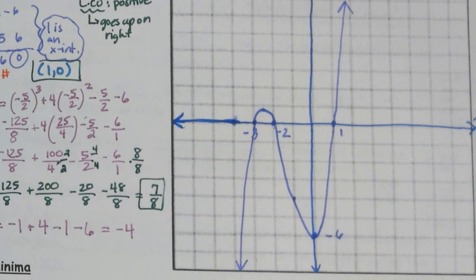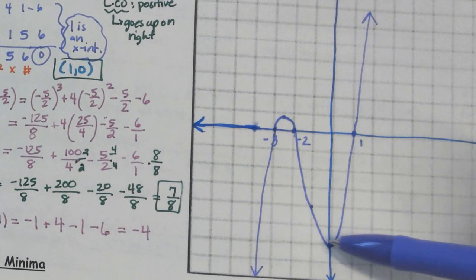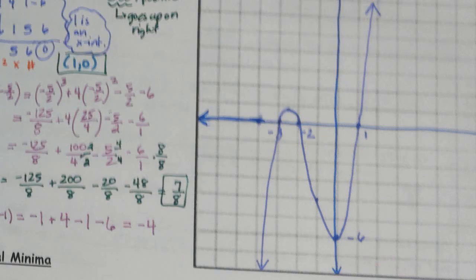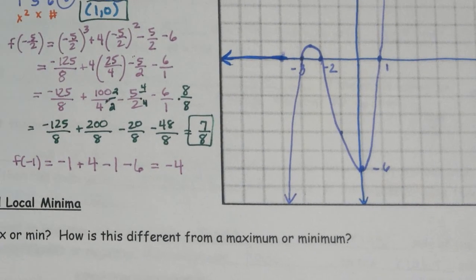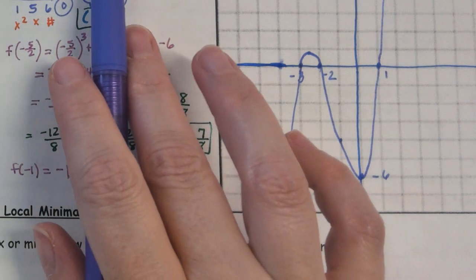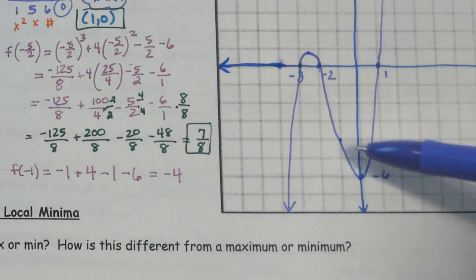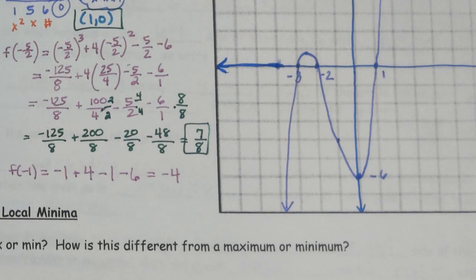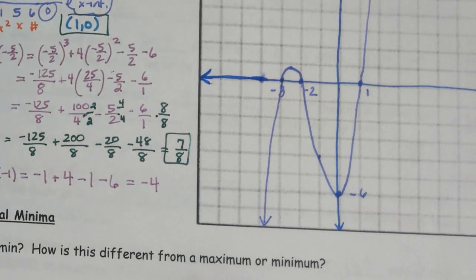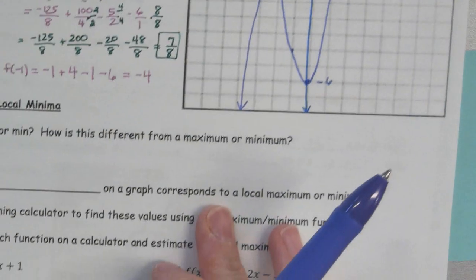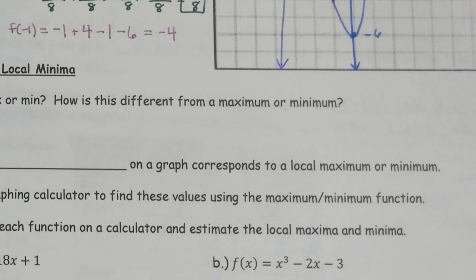There's your polynomial. When you have a degree 3, the most that you'll have is 2 turning points. So this is 1 turn, this is the second turn. And that's how you can graph it without a calculator.